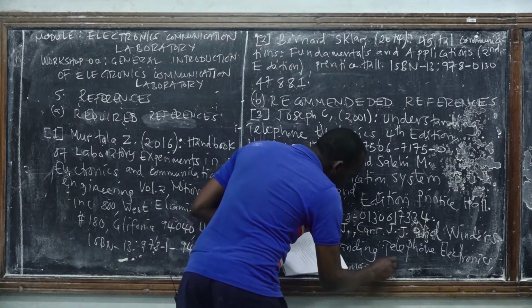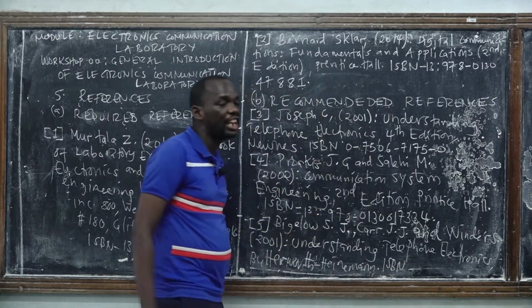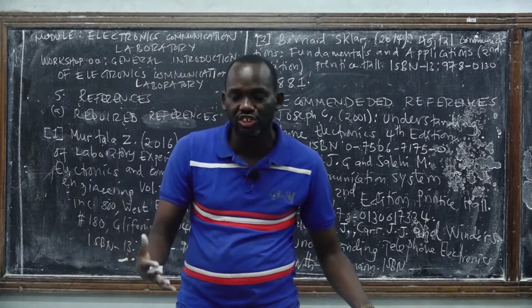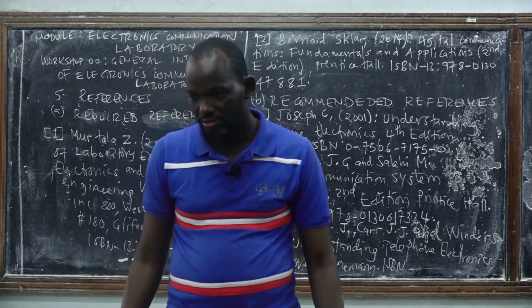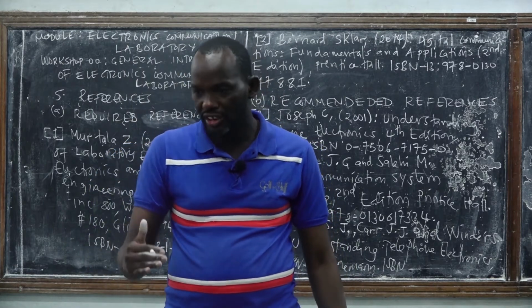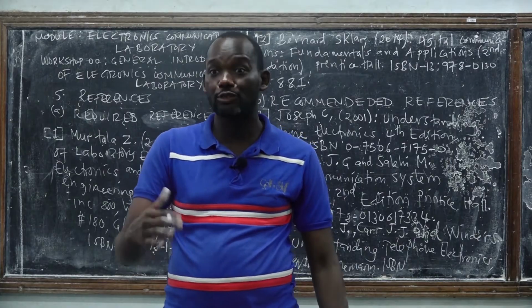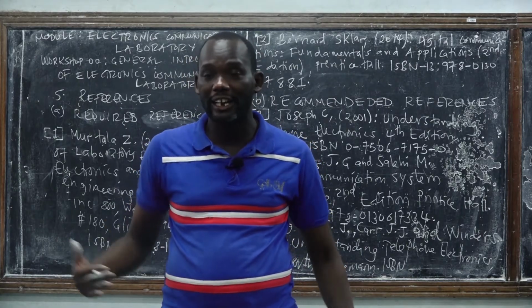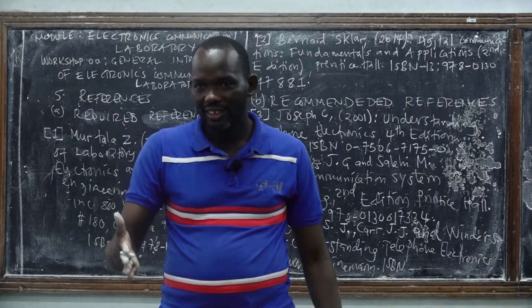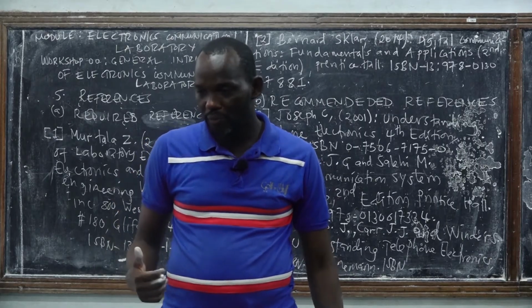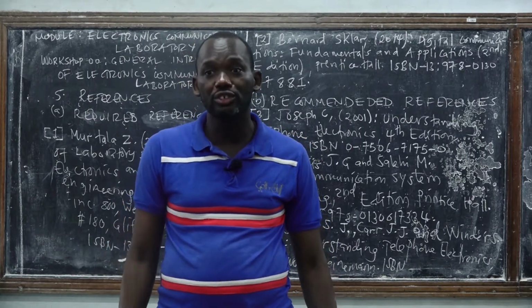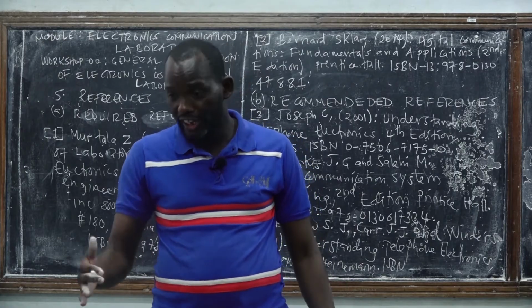ISBN. Remember, for books, ISBN is just like your registration number. You have a unique registration number at DIT. So ISBN is unique. And whenever you hear that somebody has a patent, it means that nobody is allowed to copy the information from your book, or even to use it without your permission, or to edit it without your permission.